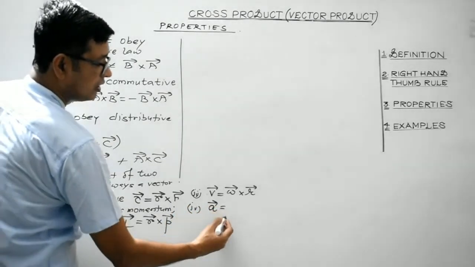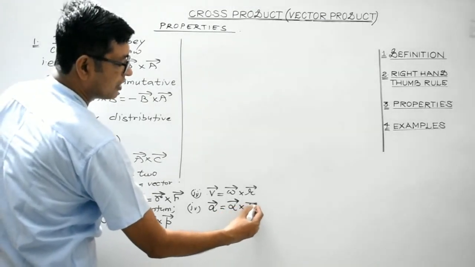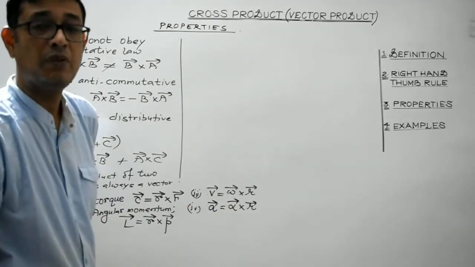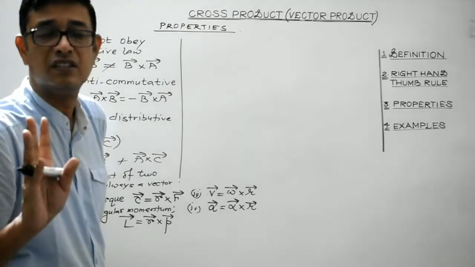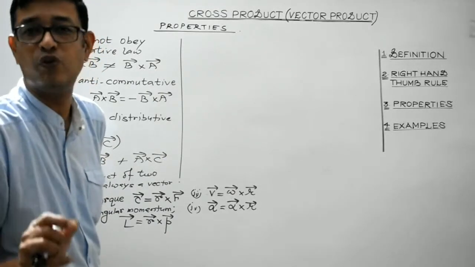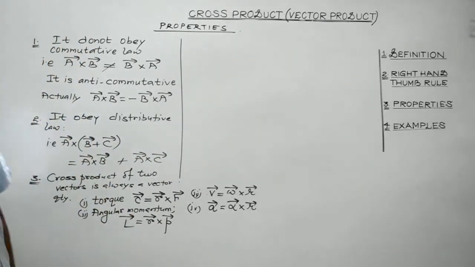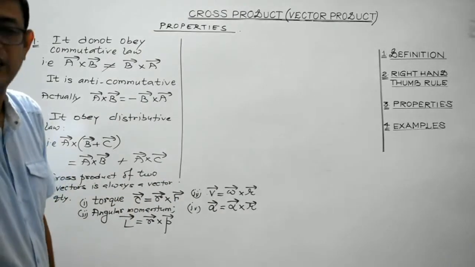It is given by the cross product of angular acceleration and the radius vector. We'll discuss all these terms in rotational motion. So what I mean to say is that the cross product of any two vectors must always be a vector quantity. So that's the third important property. I have given you these examples.